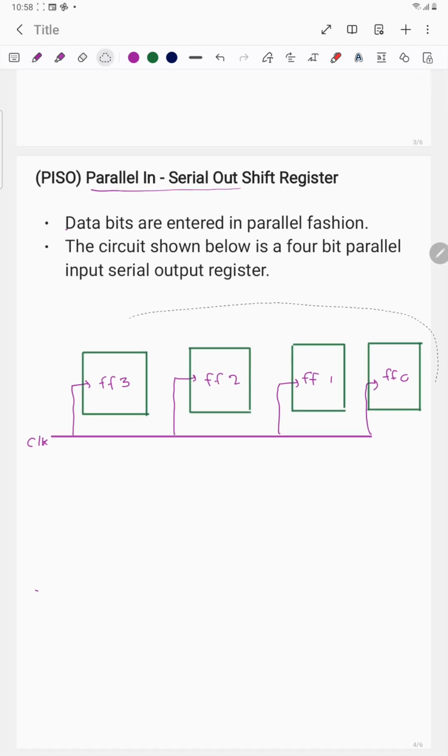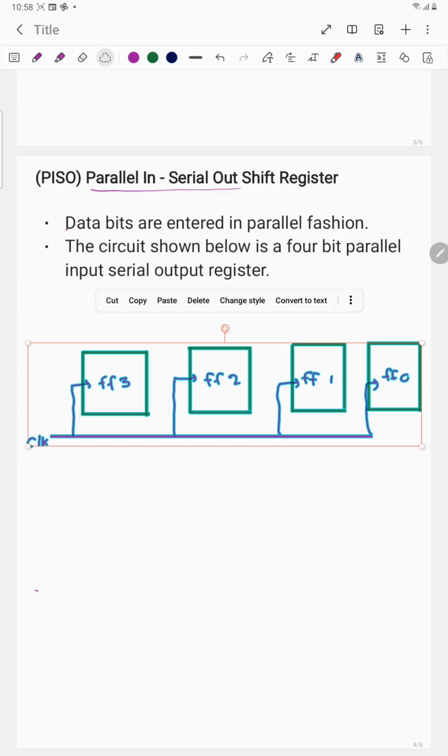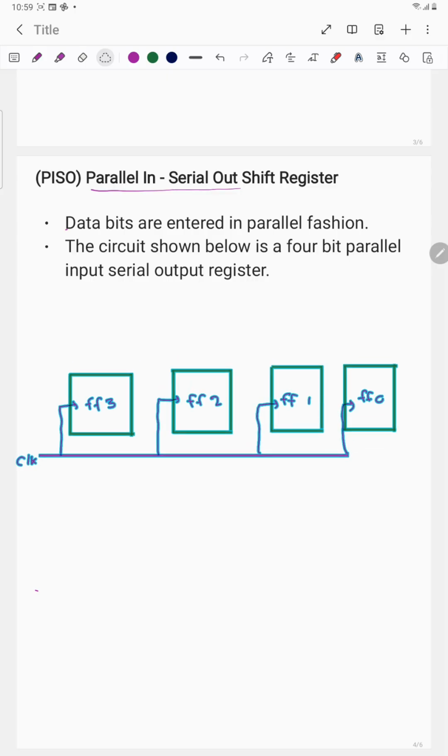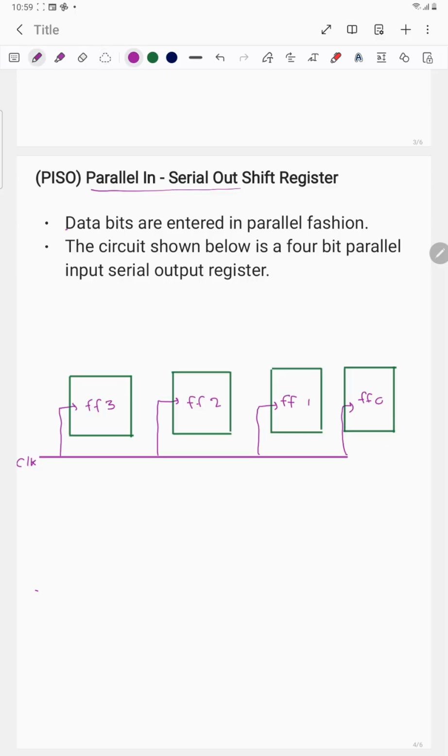You can connect like this. Here the output is in serial form, and the inputs are parallel. Each input is taken as a parallel input.